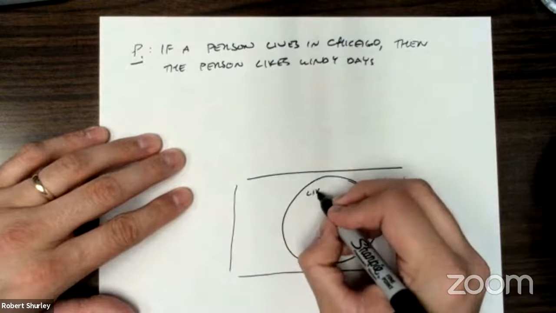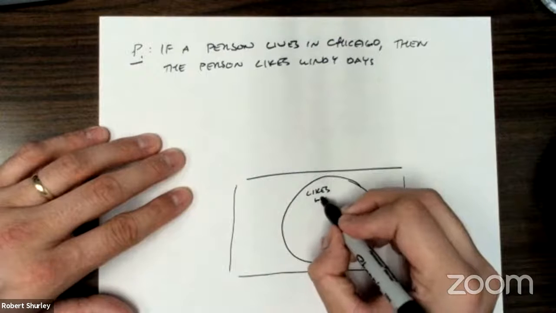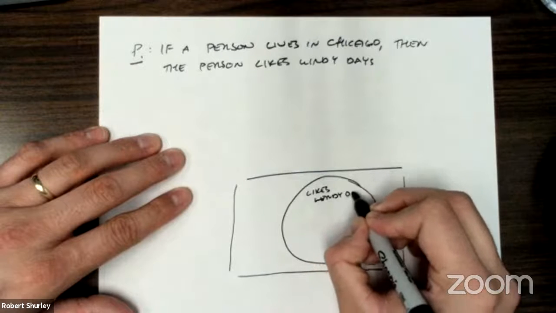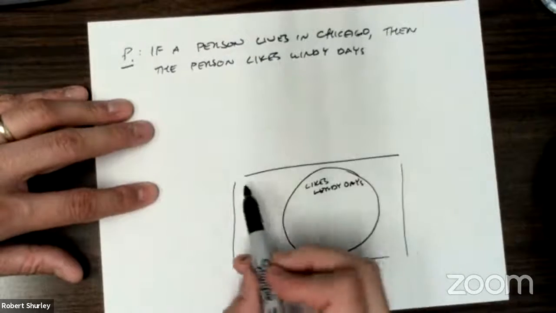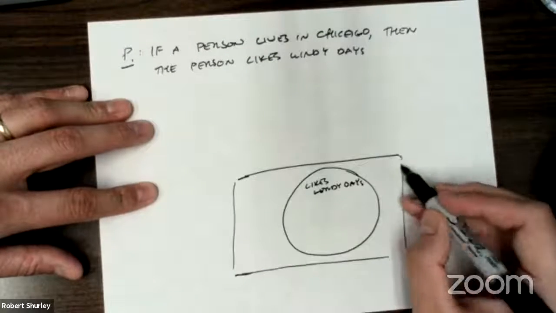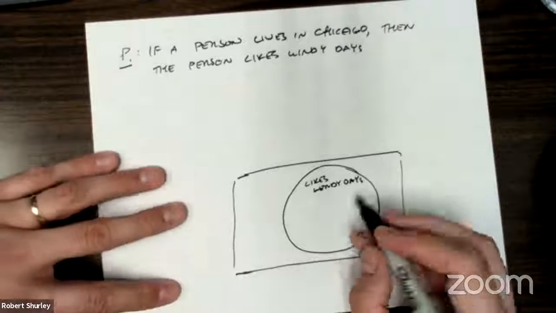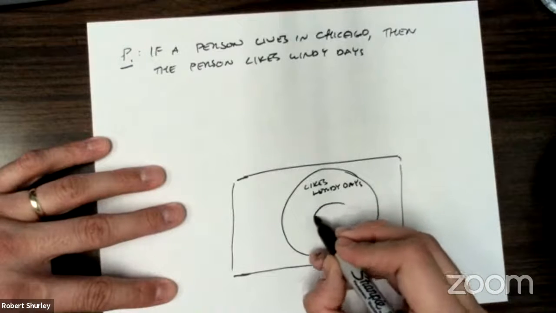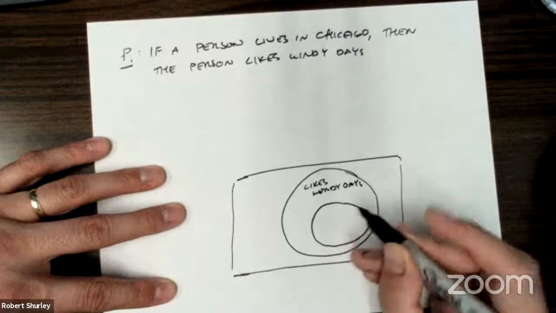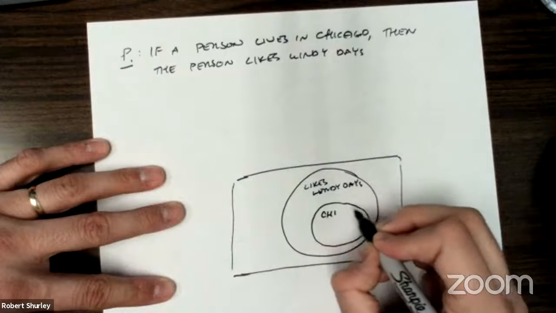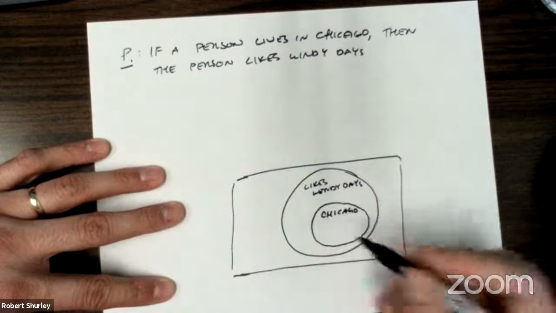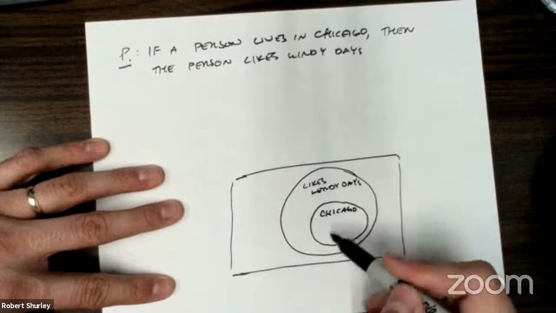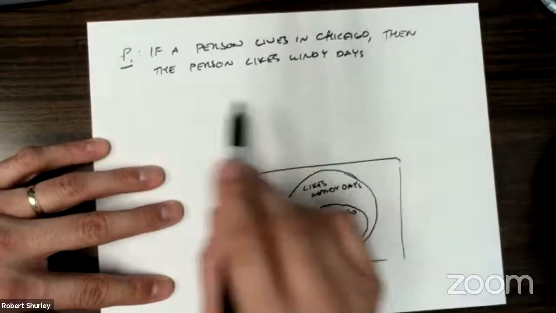So we're going to say likes windy days. So these are all the people that like windy days. And outside this bubble are people that do not like windy days. And then we've got Chicagoans, right here. People that live in Chicago right there. Okay? That's what the first premise is.